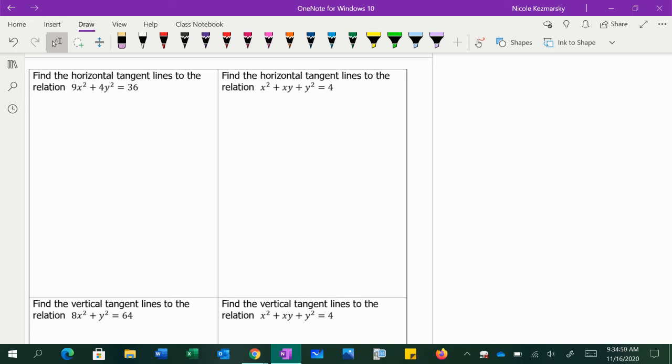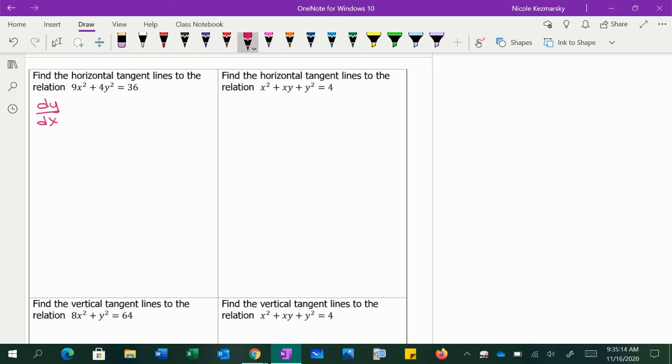So a horizontal line, it's important to remember, has a lot of run when we talk about rise over run, but 0 rise. So when we're talking about a horizontal tangent line, what we're saying here is that the change in y over the change in x, and that's what this notation also means because derivative is slope.